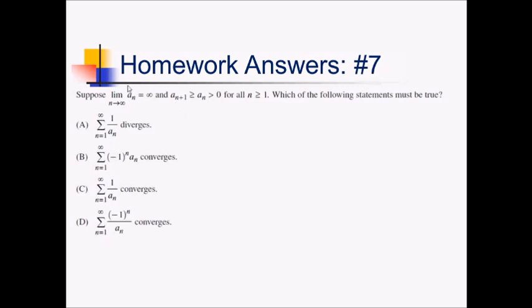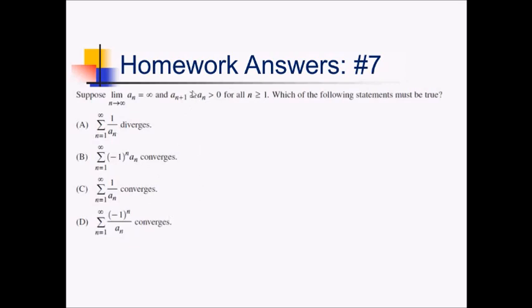For this problem, they're telling us the limit as n approaches infinity of a sub n, so some term is approaching infinity, and then the n plus 1th term is bigger than or equal to the nth term. So there's a few facts that come out of this that are going to help us decipher these answer choices about converging and diverging.